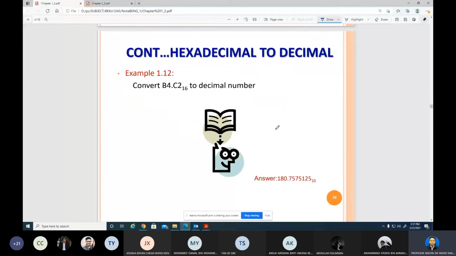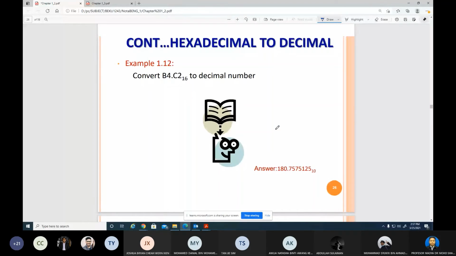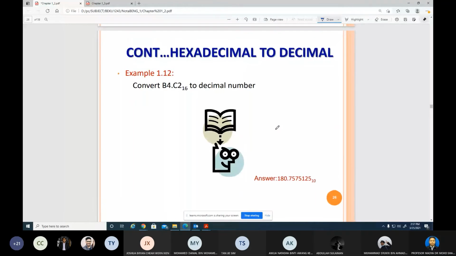Okay, so here, you can try this one. You can solve this one first, and then you can solve the next one. I will show this one and this part. For example, we have B4.